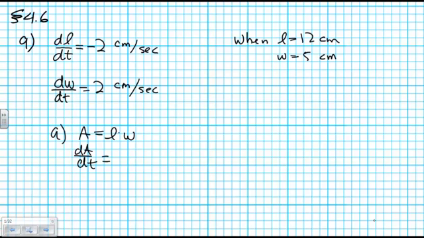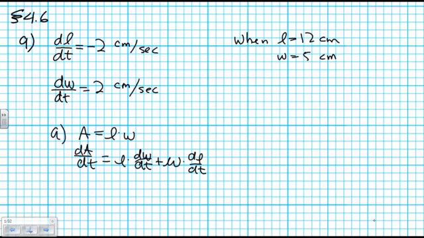On the right-hand side, it looks a lot like the problem we had just a few seconds ago. We're going to have to do the product rule again: first times the derivative of the second plus the second times the derivative of the first. And then they actually want us to solve that.